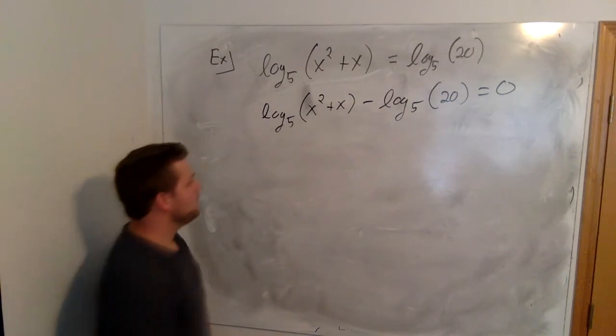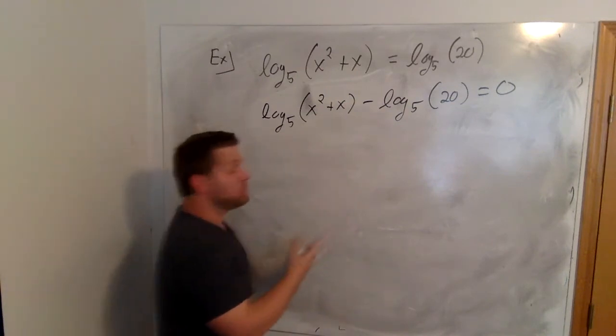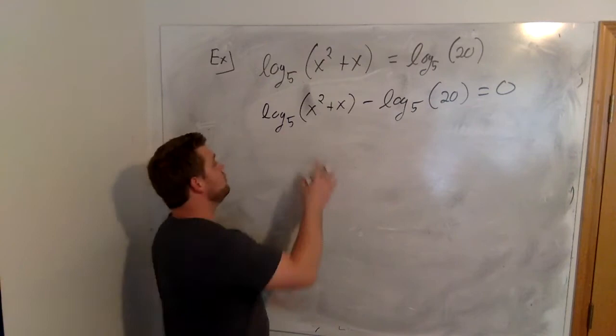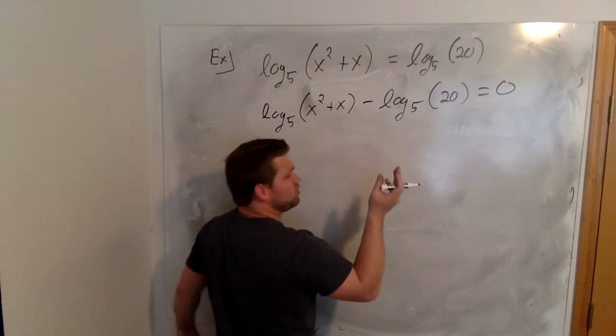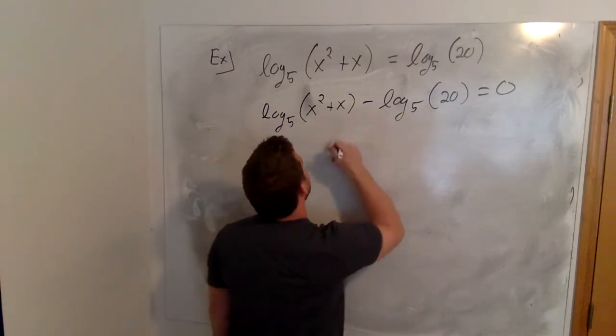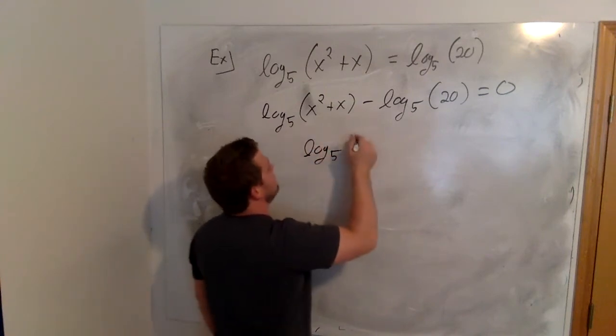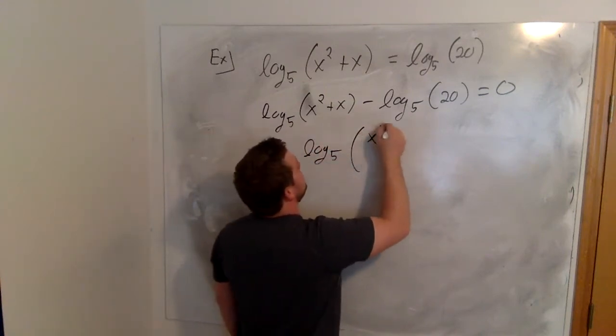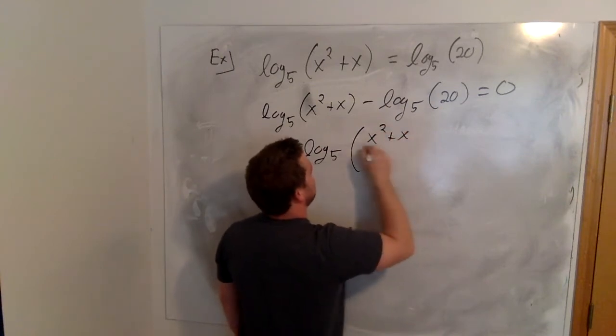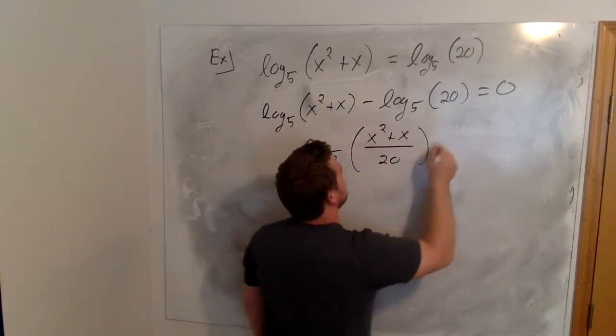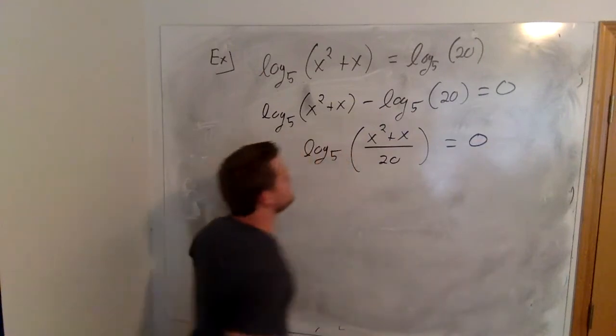Okay, we want to have the left-hand side just be in terms of a single log. So we can use what, log rule 2 I think it was, and we can divide their arguments. So this is the same thing as log base 5 of, what will we get? x squared plus x all over 20 will be equal to 0.